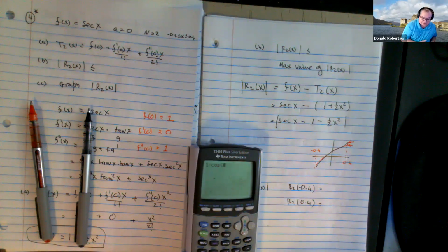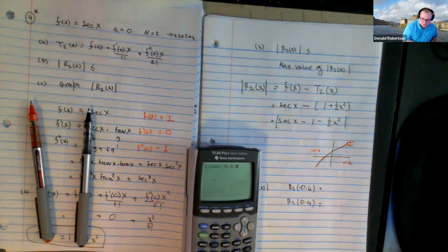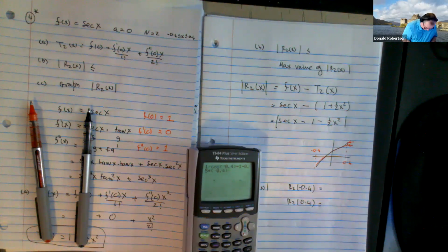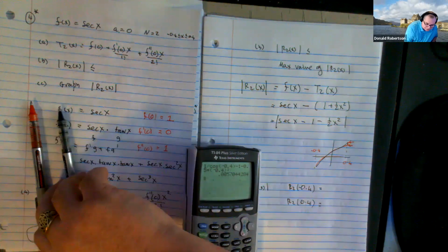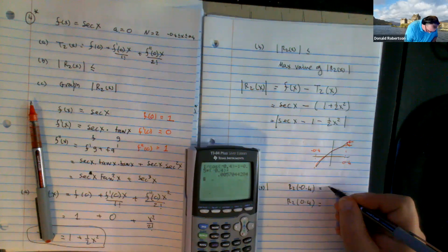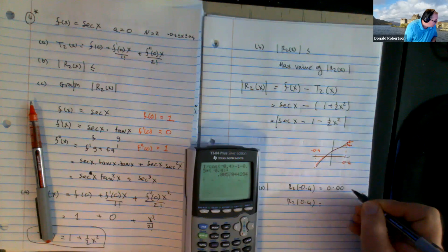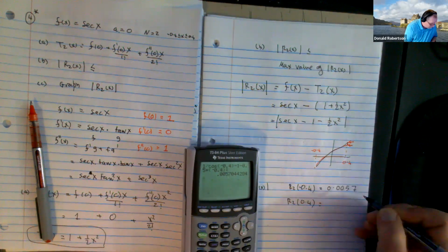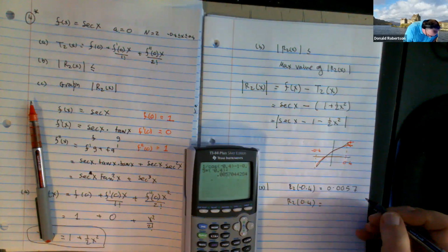That's how you get a secant, right? 1 over a cosine. Take away 1, take away a half of negative 0.4 squared. And the answer I get is 0.0057. Oh, they want 6 decimal places, so 704 then, right?